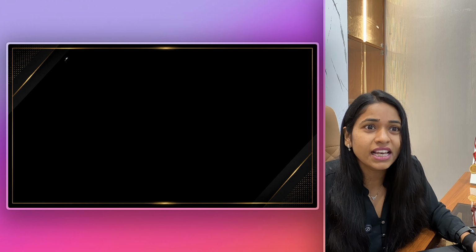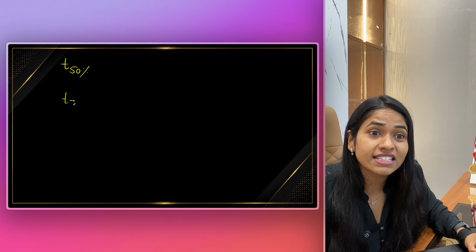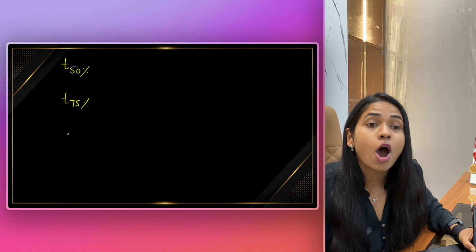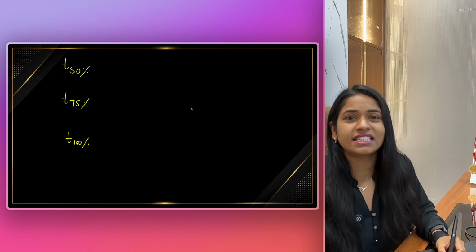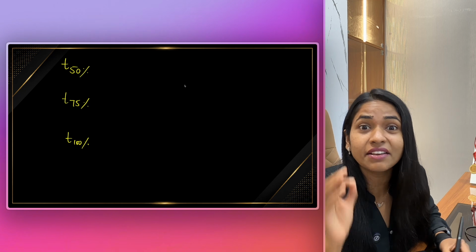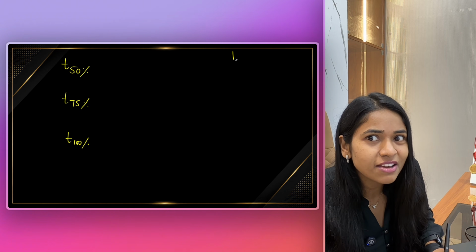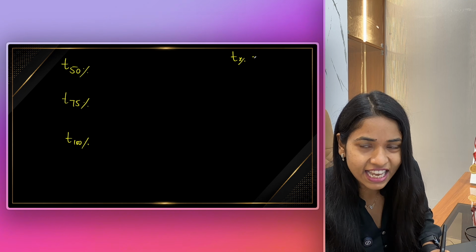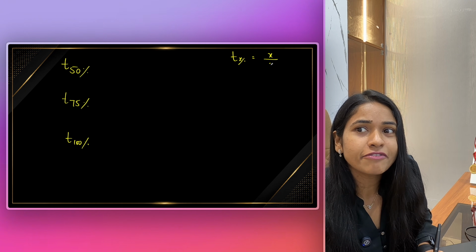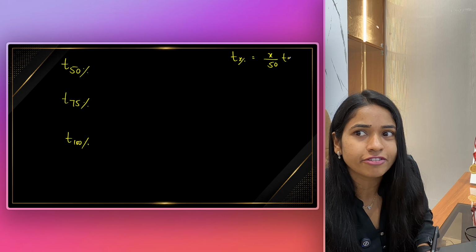See, for example, they might ask for any percentage. Let's say they're asking for 50%, or 75%, or 100%, any percentage of reaction completed. Simply use the formula, students: Tx% is equal to x by 50 into T half.